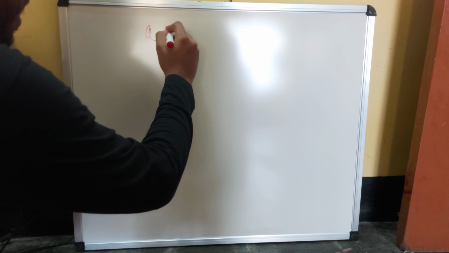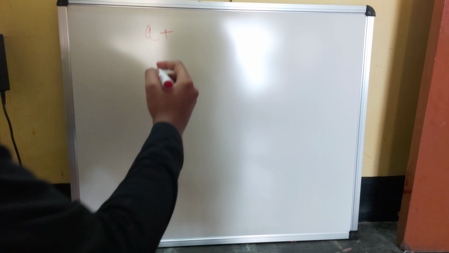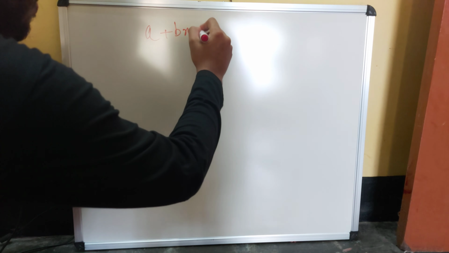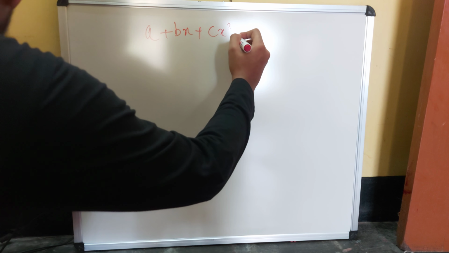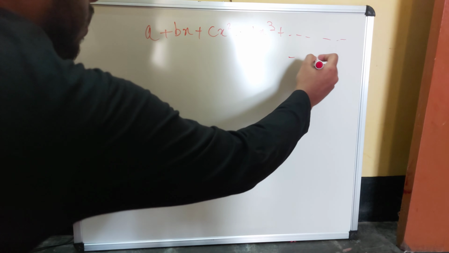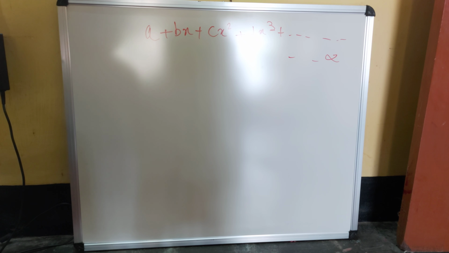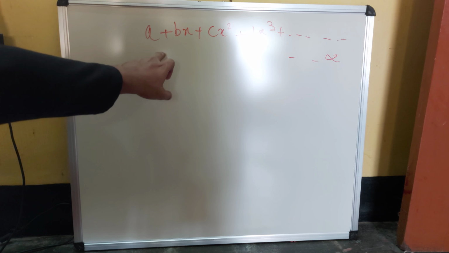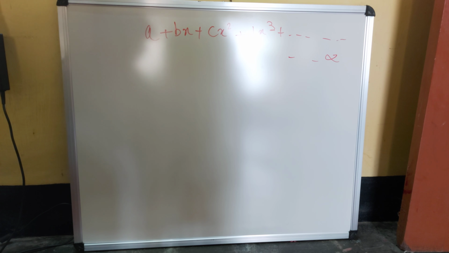I am showing you the form: a plus bx plus cx square plus dx cube, and so on, till infinity. If any expression is in this form, a plus bx plus cx square plus dx cube, it is a polynomial.